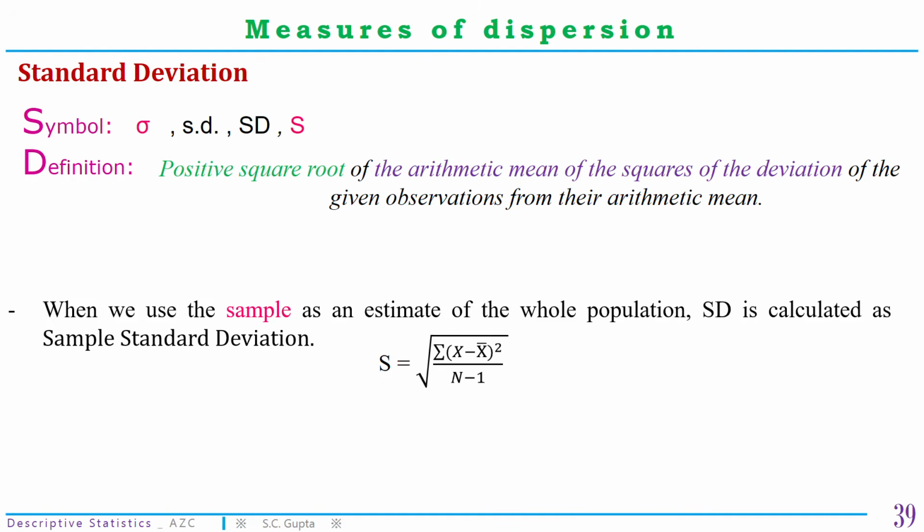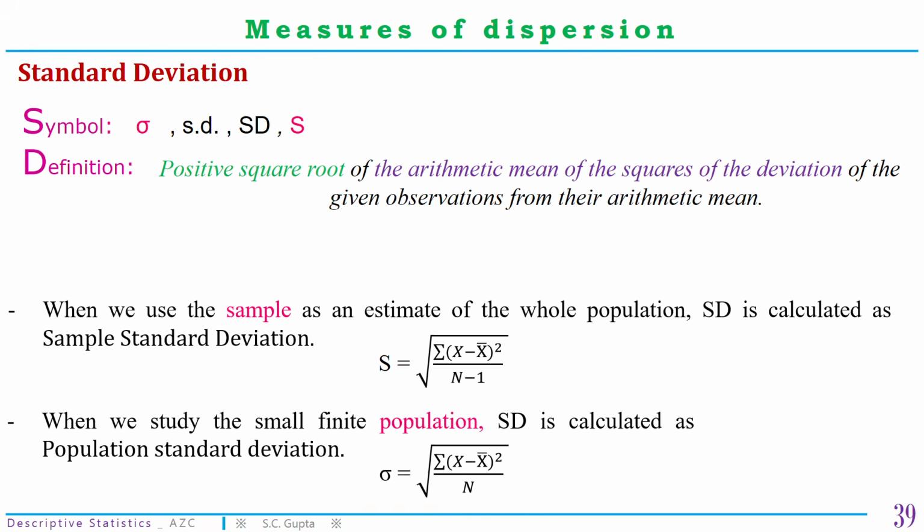When we use the sample as an estimate of the whole population, SD is calculated as sample standard deviation. The symbol of sample standard deviation is capital S, which is equal to the square root of sigma of (x minus x bar) whole square upon n minus 1.